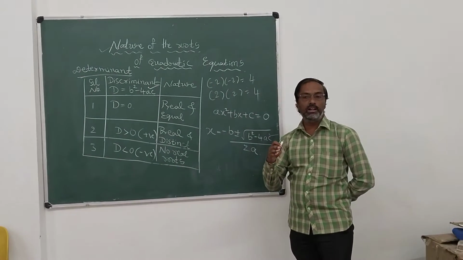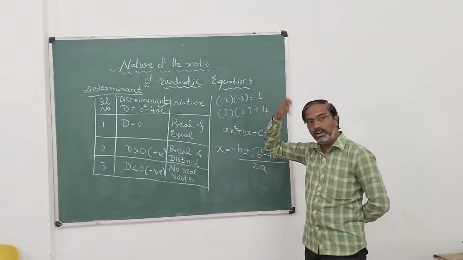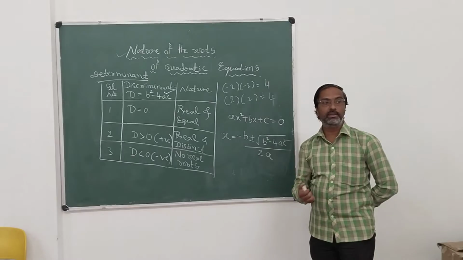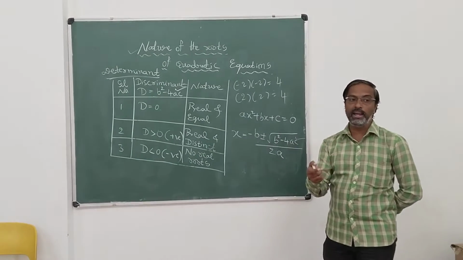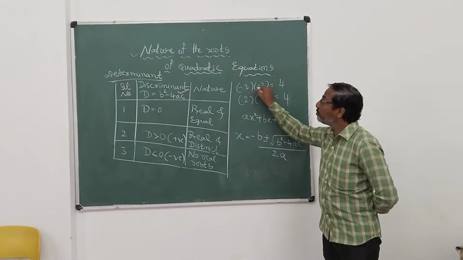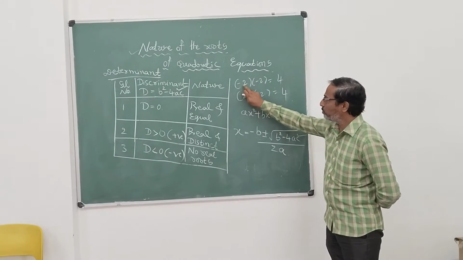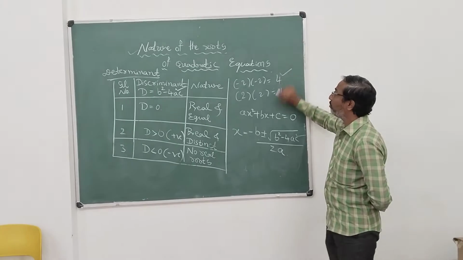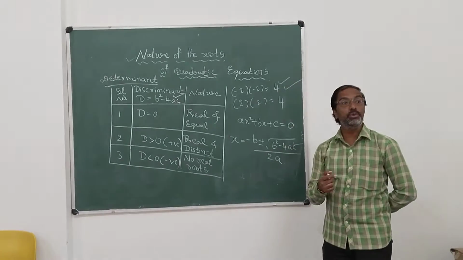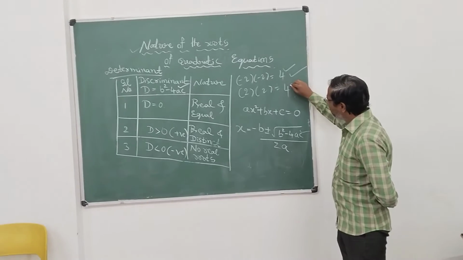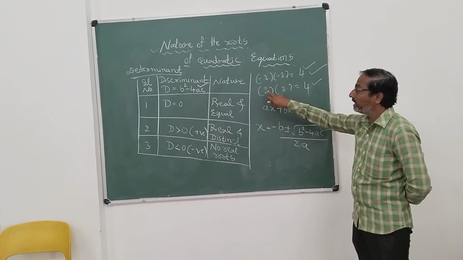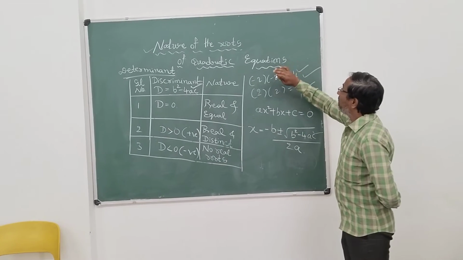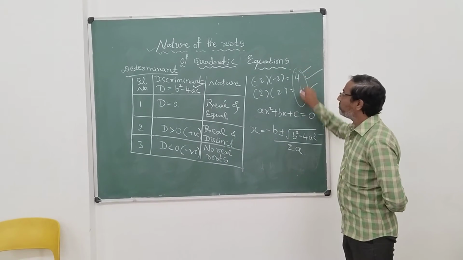And we have learned from our 8th or even 7th standard that a square number is obtained by the product of two same numbers. So minus 2 multiplied by minus 2 gives 4, and 4 is called a square number. Similarly, we get the same answer 4 if we multiply plus 2 into plus 2. So we say that 4 is a square number.